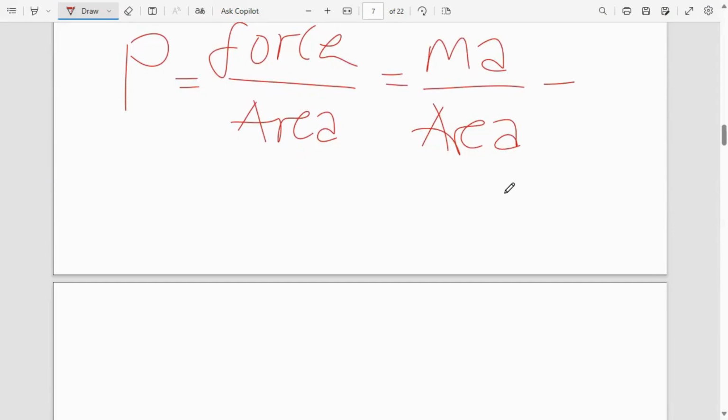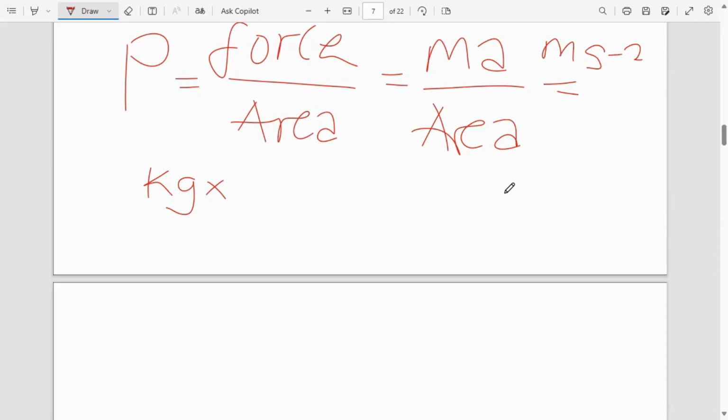Then mass times acceleration is equal to what? What are the dimensions of mass? I'm going to use kg. So the dimensions of mass are kg, and they are multiplying by the dimensions of acceleration. What are the dimensions for acceleration? It is meter multiplied by second squared, like that.